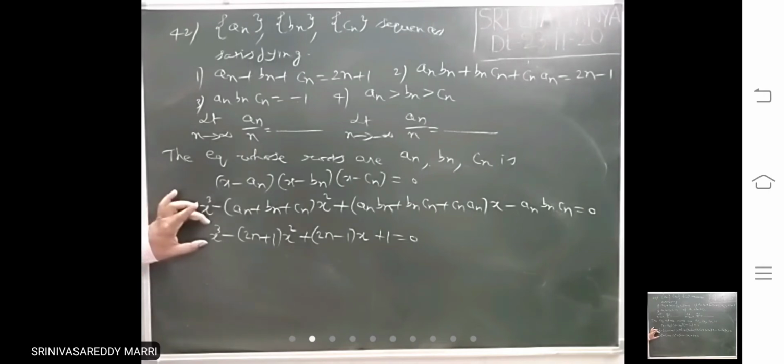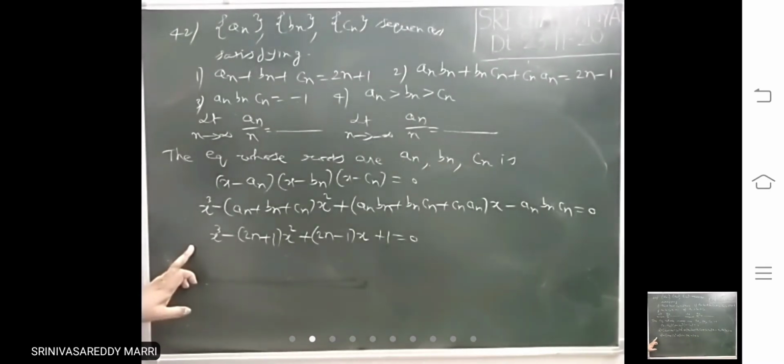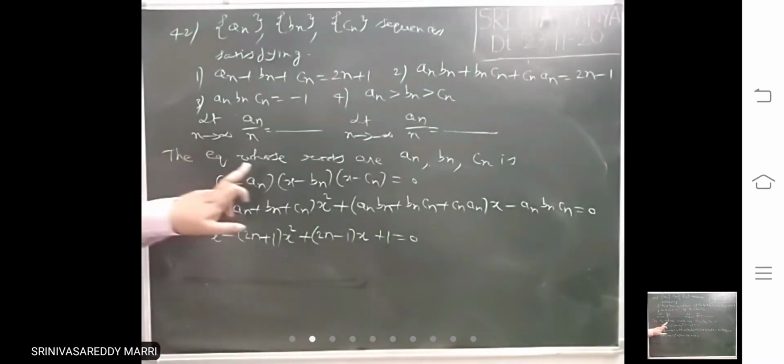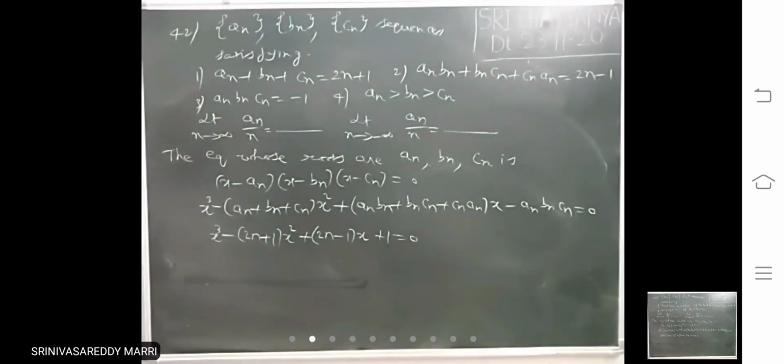Why have I written this equation? If you solve this equation and find its roots, you will get a_n, b_n, c_n. For calculating this, I want a_n. So now look, by trial and error, I can find one root. One root is x equal to 1. You substitute and see whether it satisfies or not.